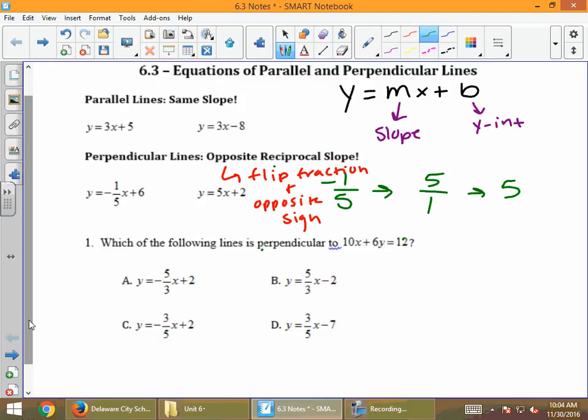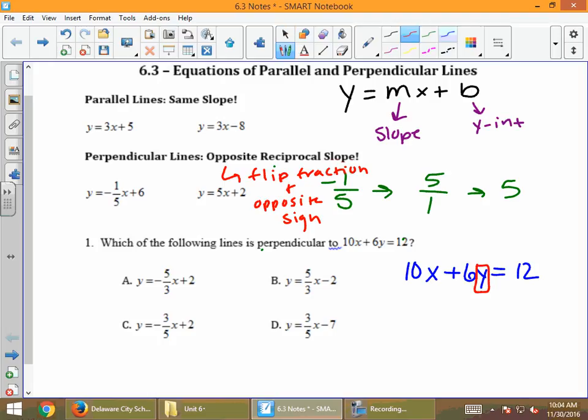Which variable is by itself in this form? The y. So in order to get this in y equals mx plus b form, we have to get the y by itself. Once we get the y by itself, then we know the slope.